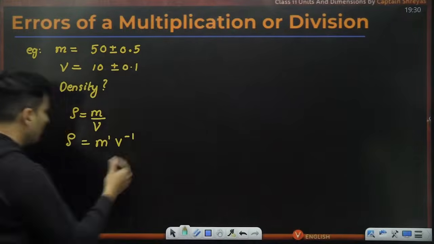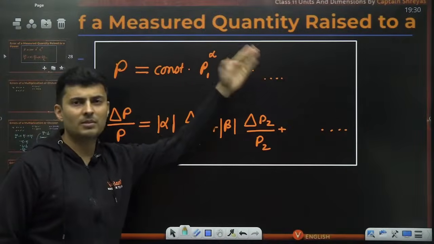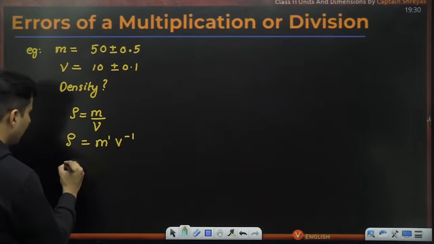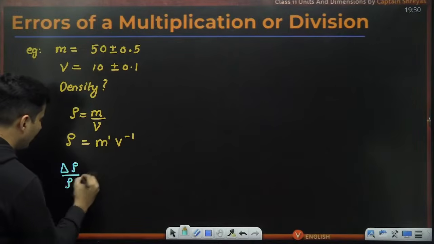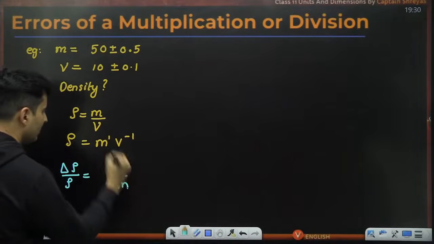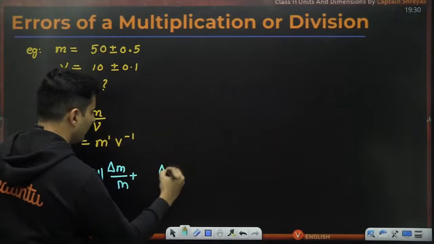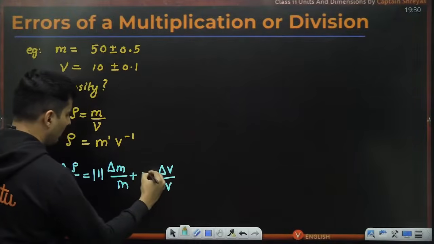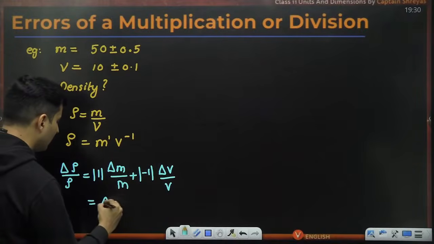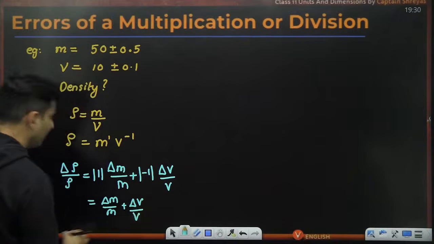So using the formula of errors, whenever you can write it in some constant into power this, power that, immediately you can write that the relative error in density, the final quantity, will be relative error in mass, take the power, take the mod value, plus relative error in volume, take the power but the modulus of it. So this will become nothing but delta m by m plus delta v by v.